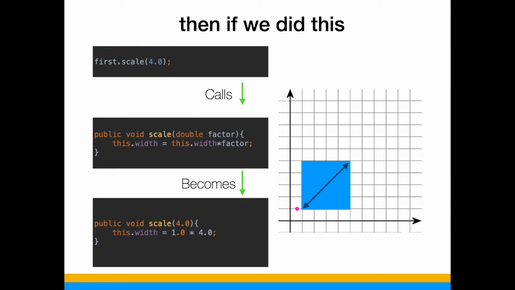So basically, it changes the entire size of the square. Now, if we added a second square, we can see that it's getting created, and it follows the same principles, but this is its own entity and has nothing to do with the other square. Then if we wanted to rotate it, we would call second.rotate and pass a 45.